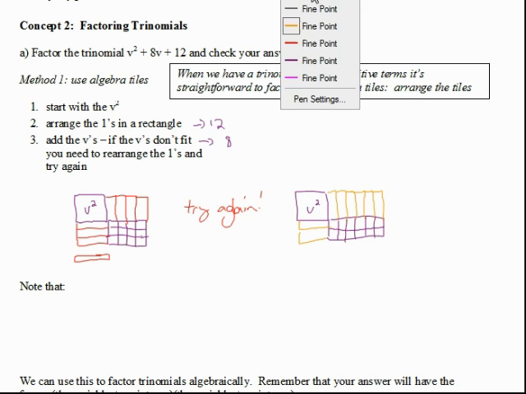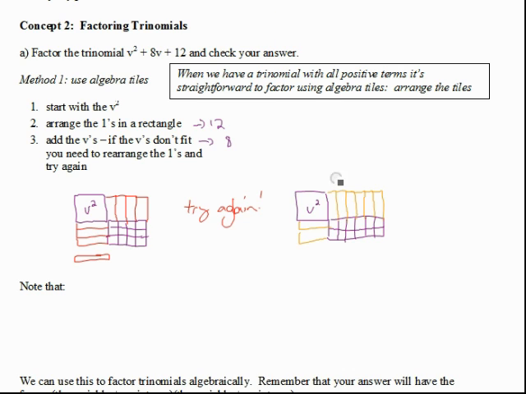That worked. Okay, and then I'm going to go to my black pen, and I do this and this, and I have a v, and then I have 1, 2, 3, 4, 5, 6 ones, so this side is v plus 6, and this side is v plus 2.